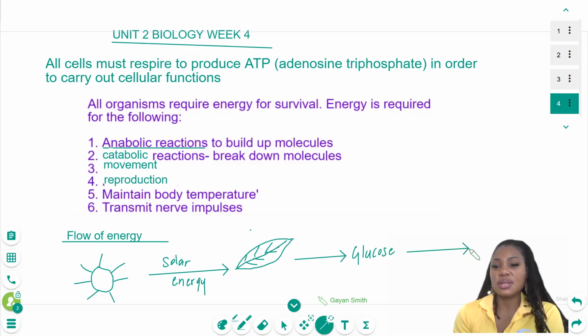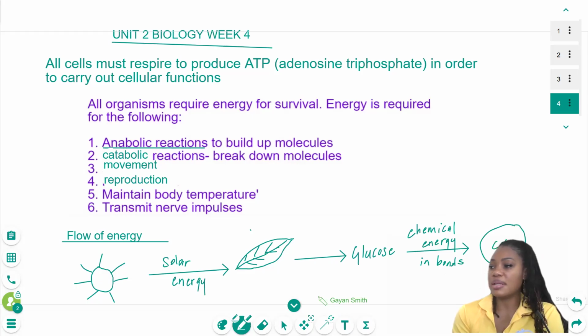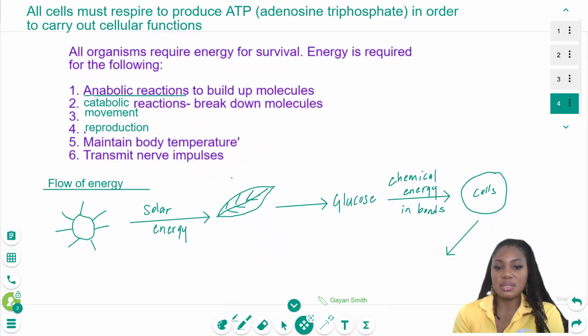The glucose contains chemical energy in the bonds of the molecule. And that energy is harnessed by cells, which are able to release the chemical energy in the glucose.